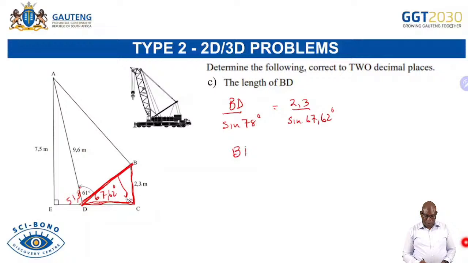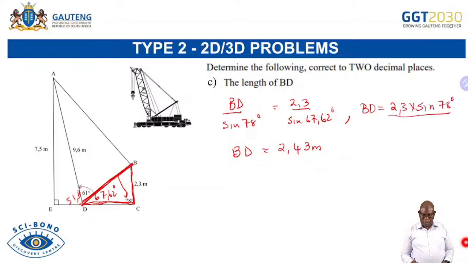Just to manipulate this, you cross multiply, then you divide by the sine of 67.62. So BD equals 2.3 multiplied by sine 78, divided by sine of 67.62. Then the answer that I'm going to get is 2.43 meters.